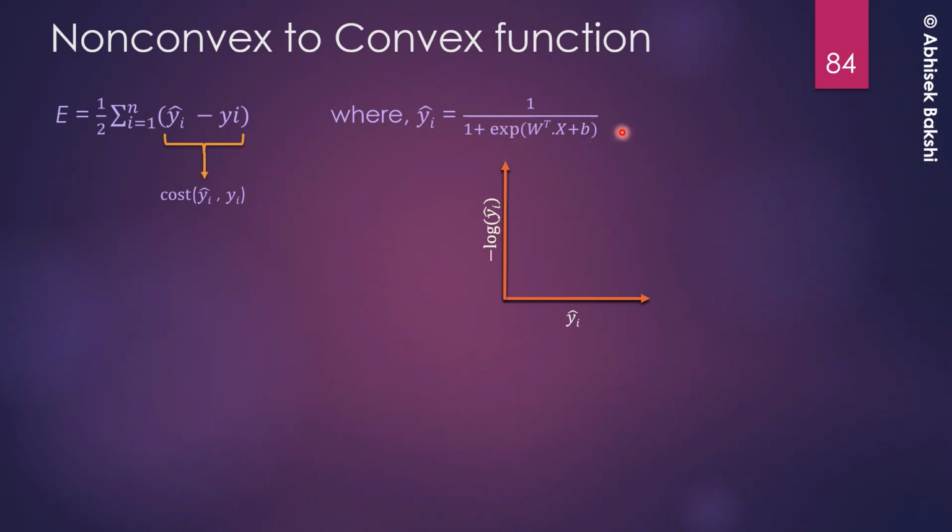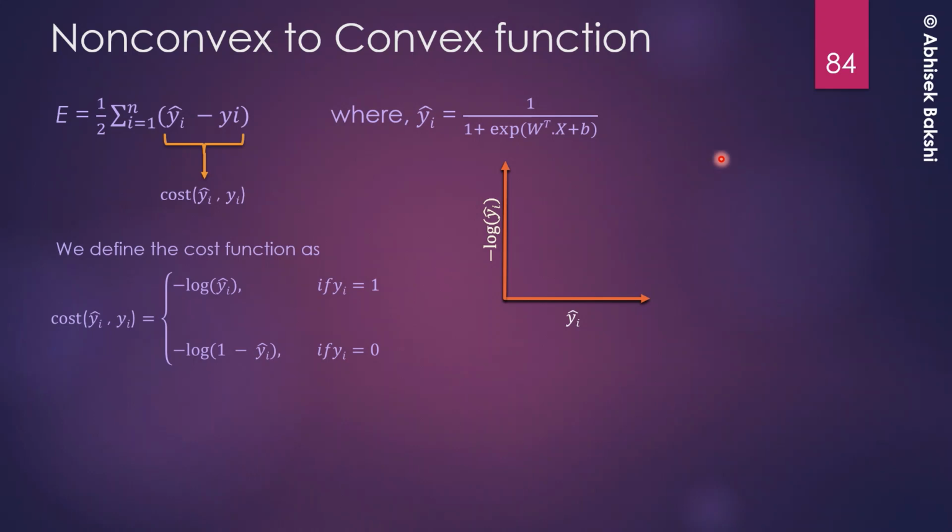Now one thing we can do here is that we can actually redefine the cost function in a different way. We all know that the cost function is nothing but the difference between the predicted output and actual output. We have the actual output in our data set, and the predicted output we are finding by applying the sigmoid function over wTx plus b.